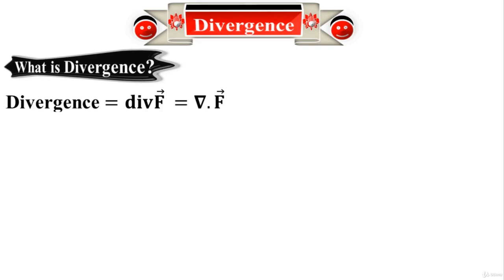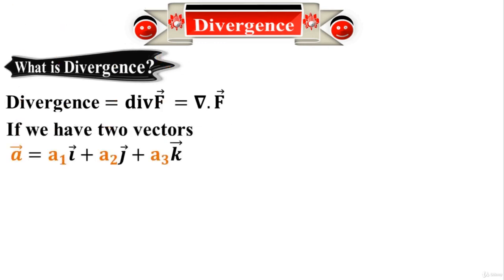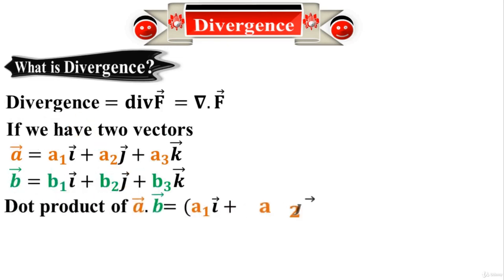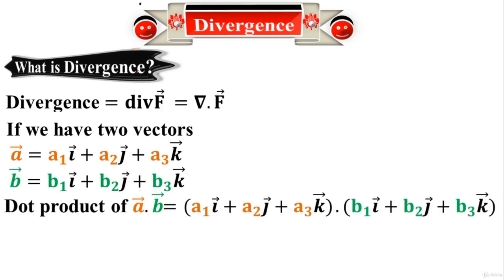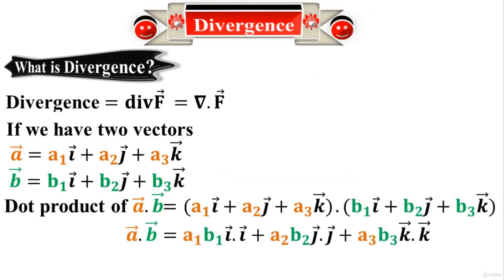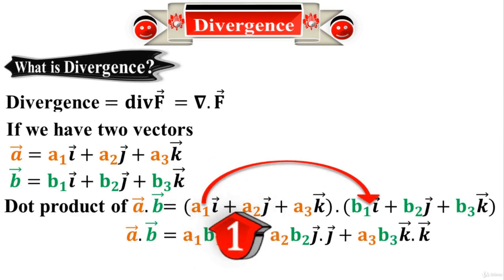Before finding the output of the divergence, let me give you a simple example. If we have two vectors, a equals a sub 1 i plus a sub 2 j plus a sub 3 k, and b equals b sub 1 i plus b sub 2 j plus b sub 3 k, and I take the dot product of a and b, it equals this value. When I take the product between these two terms, i times i equals 1.